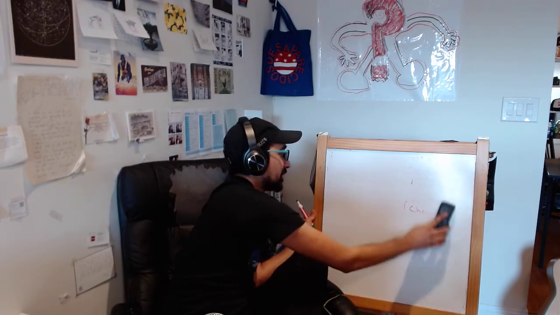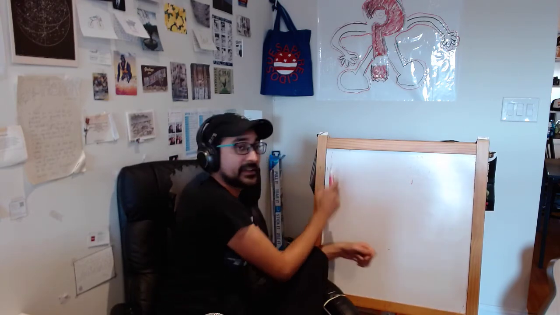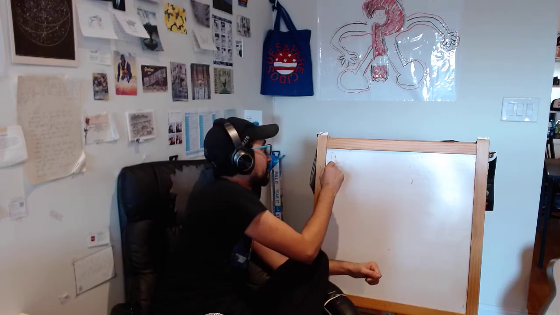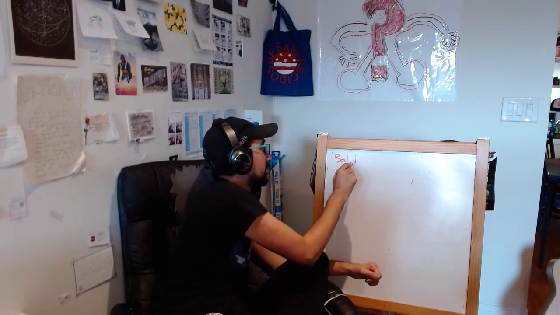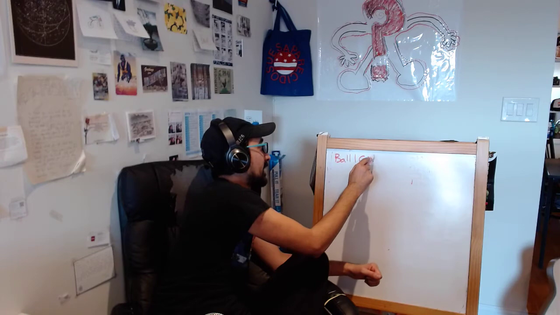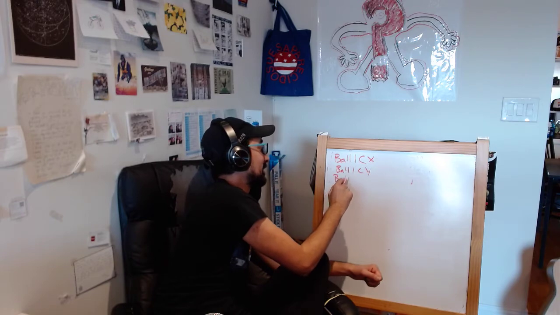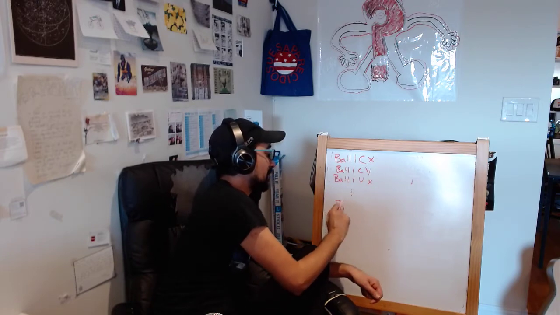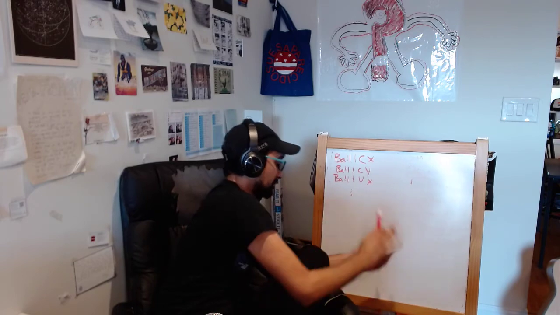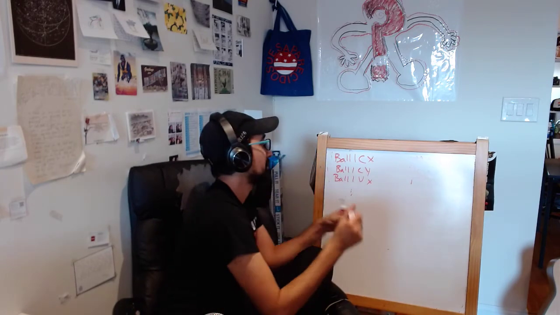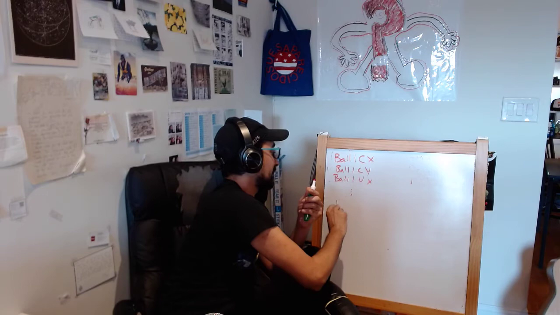When we started this, right, we had ball 1 center X, ball 1 center Y, ball 1 velocity X, velocity Y. And then we had the same thing for ball 2. Ball 2 center X, and we did all of these things for it.